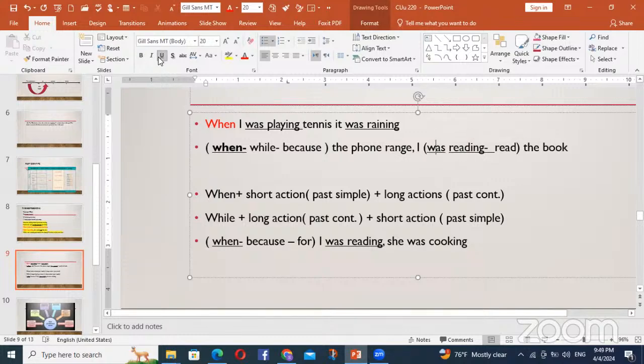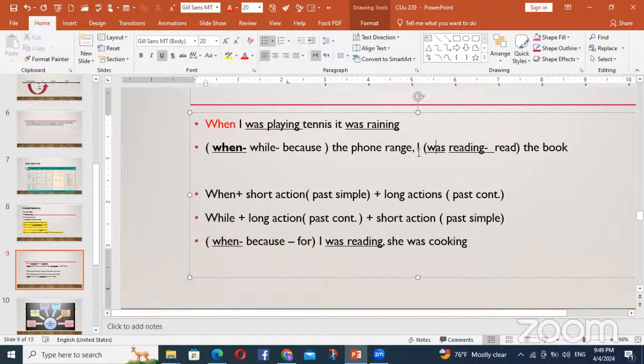Let's see here where is the long action and where is the short action. The long action is "was reading". Okay? This is the action I was doing for a period of time. In the middle of this action we have another one, which is "the phone rang". Do you think that ringing of the phone is as long as reading a book?